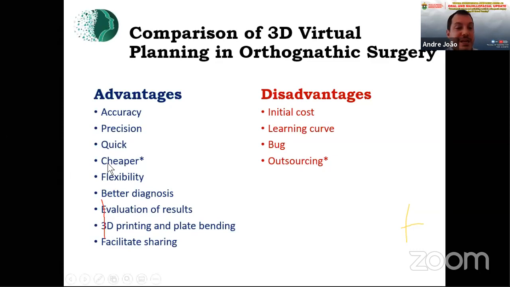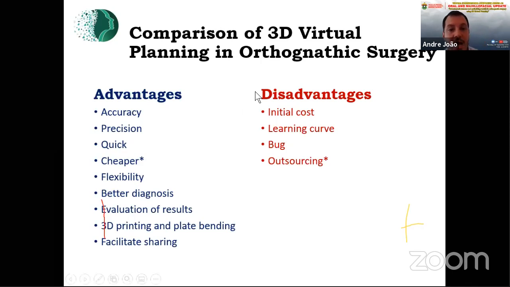I say here that it's cheaper, and we can question it, because the problem of 3D planning is that the price of acquiring the software is very high. But once you have it, and the more you use it, it becomes cheaper because you don't need plaster, and you don't spend a lot of time, and this time also has its cost.